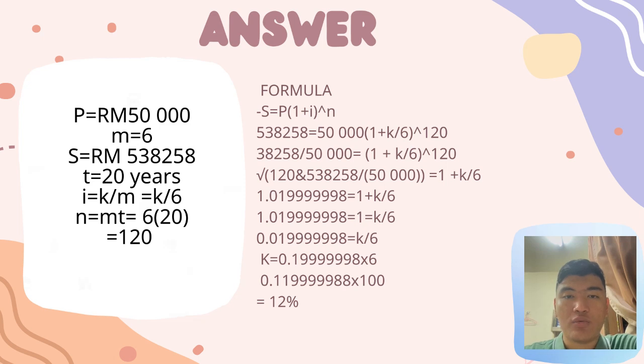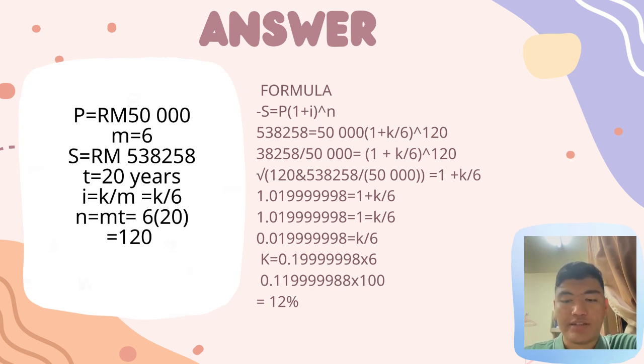Now, once you do the calculation of the 120th root of 538,258 over 5,000, we get the answer, which is 1.019999998 equals 1 plus k over 6.